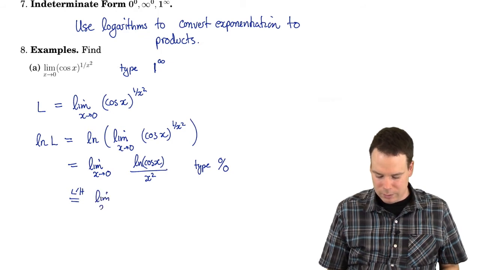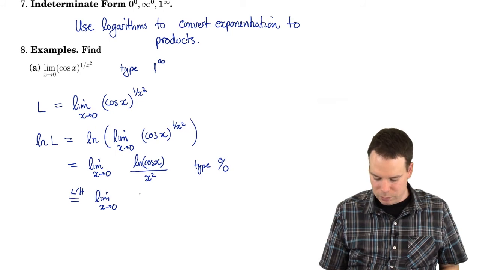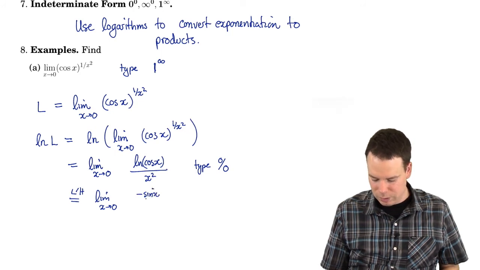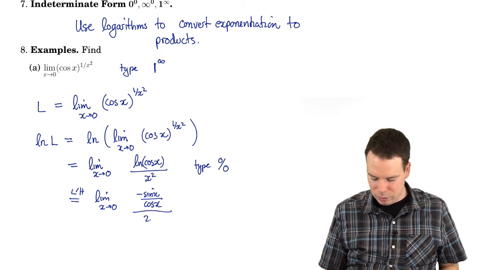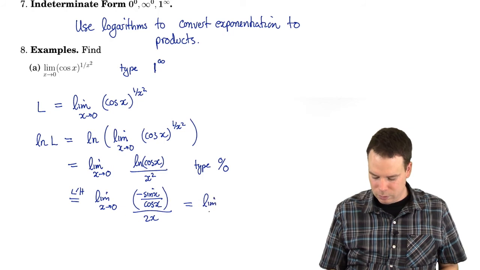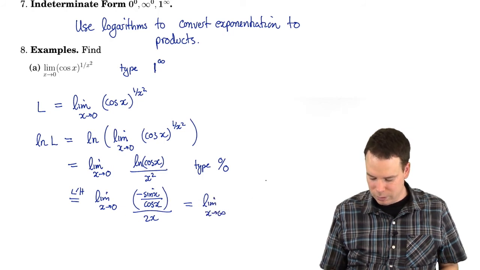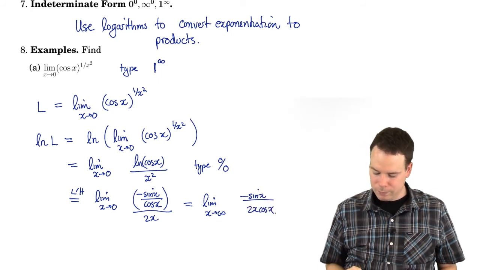That's the limit as x goes to 0. The derivative of the top is 1 over cosine times the derivative of the cosine, which is negative sine. So it's negative sine x over cos x. The derivative of the bottom is 2x. So I can now simplify it a little bit. So that's negative sine x over 2x cos x.